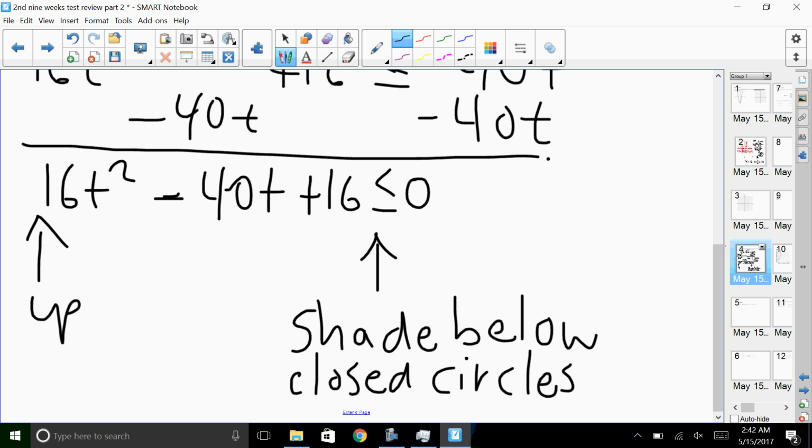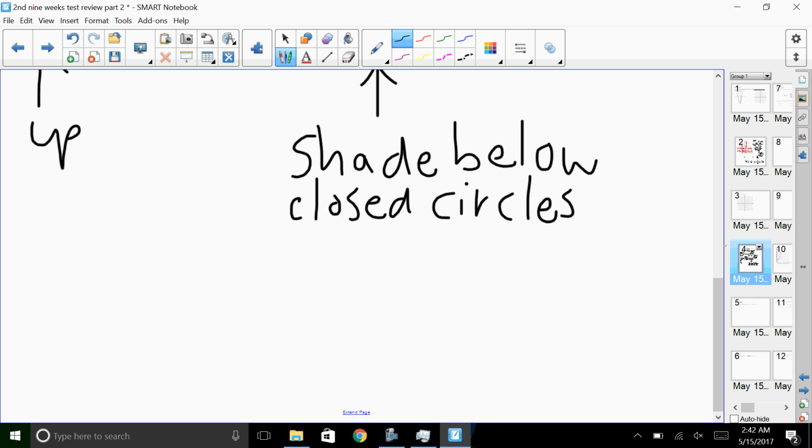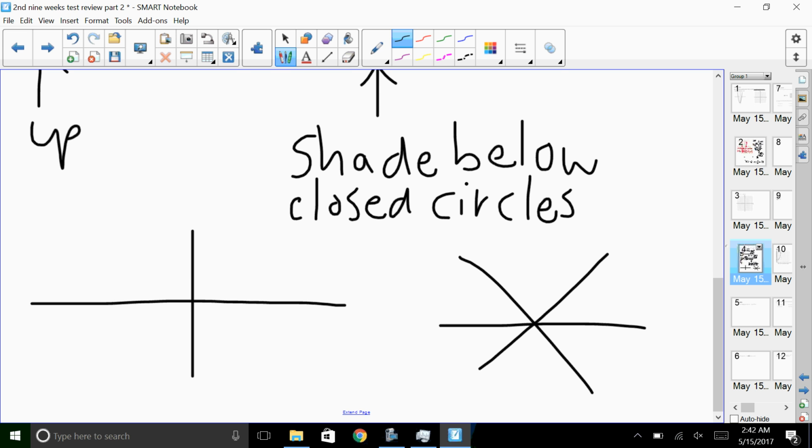Alright, so I sketch this on the graph and my x-intercepts.